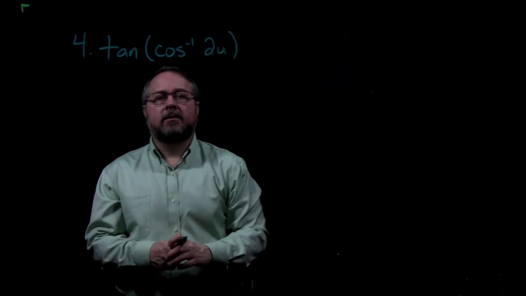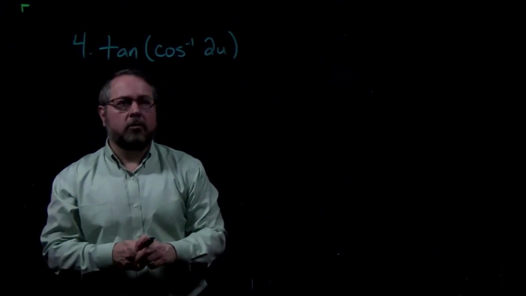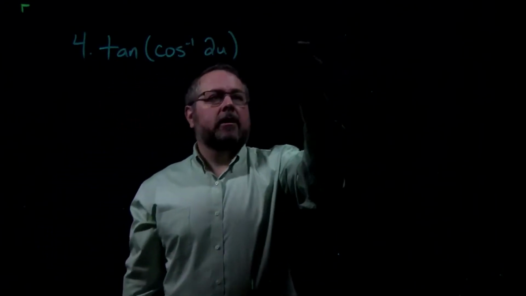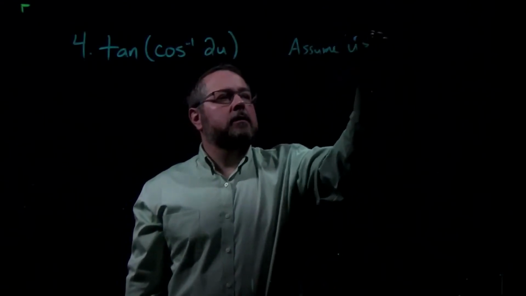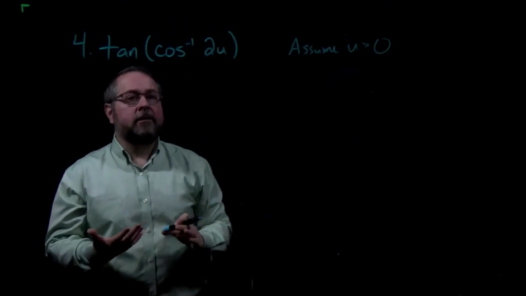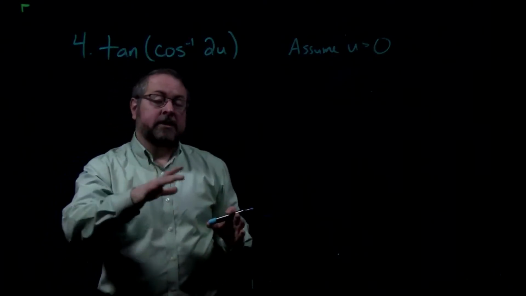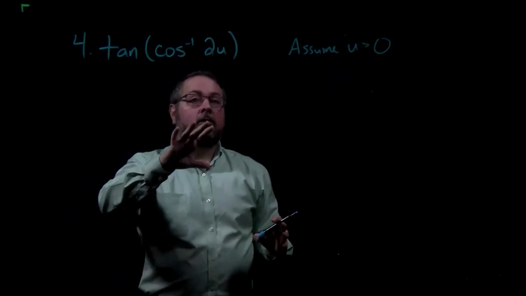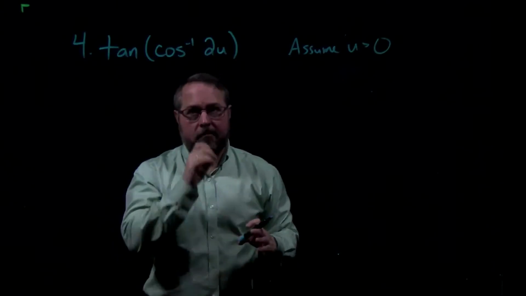Okay, so in this case, we're going to take the tangent of the inverse cosine of 2u. Okay, and we're going to assume here that u, and therefore 2u, is something that's positive. The idea is we're going to do this trick like we had 2 examples ago where I drew the right triangle, and the right triangles we're going to draw are always going to be in the first quadrant.